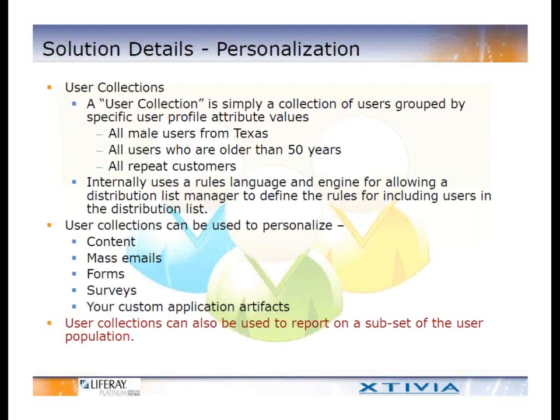I highlighted this last piece in red because I think it's a really important factor: user collections can also be used to report on a subset of the user population. If you can easily identify and aggregate the users that meet some specific criteria, then just knowing that gives you the ability to report on them.